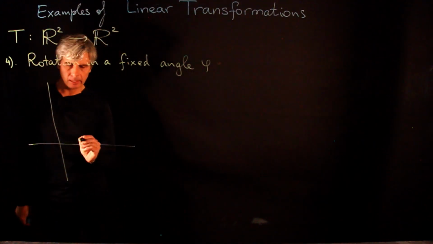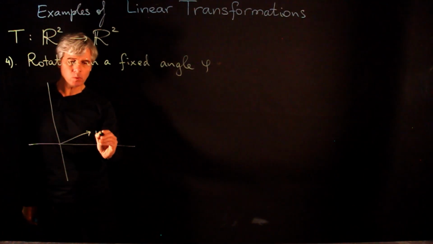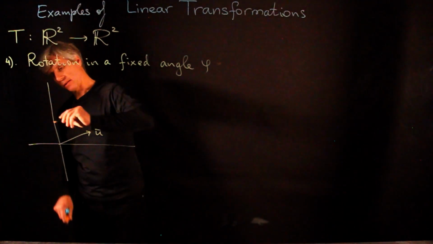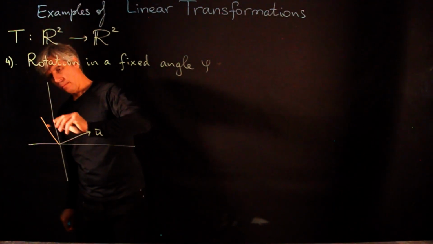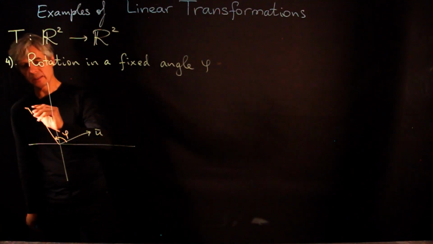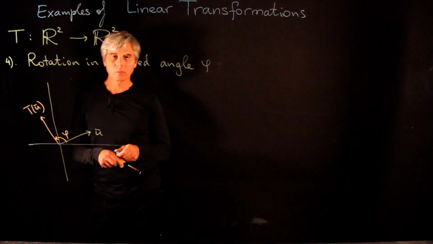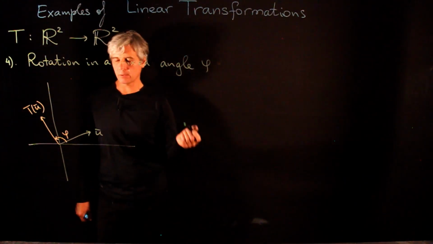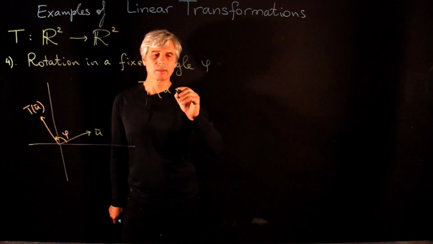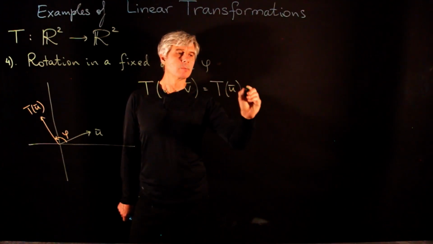Say we take a vector u, and we rotate this vector by angle phi, and we get T of u. Now, what we need to verify is the following property, that T of u plus v is equal to T of u plus T of v.